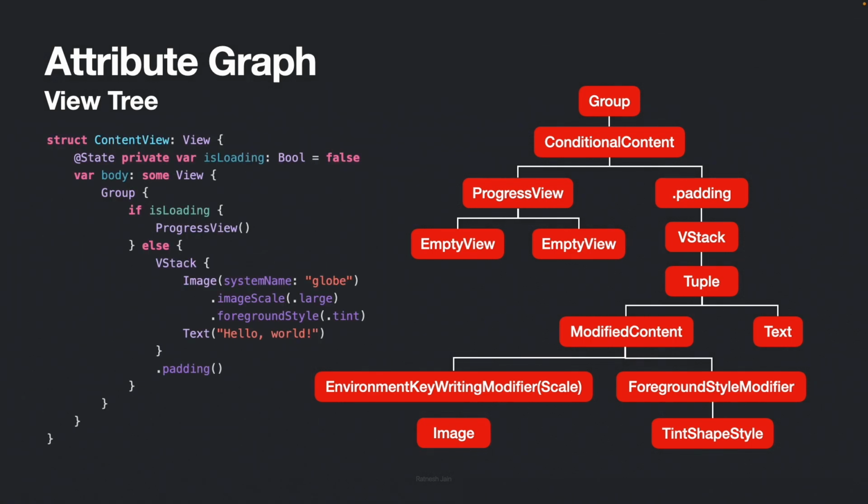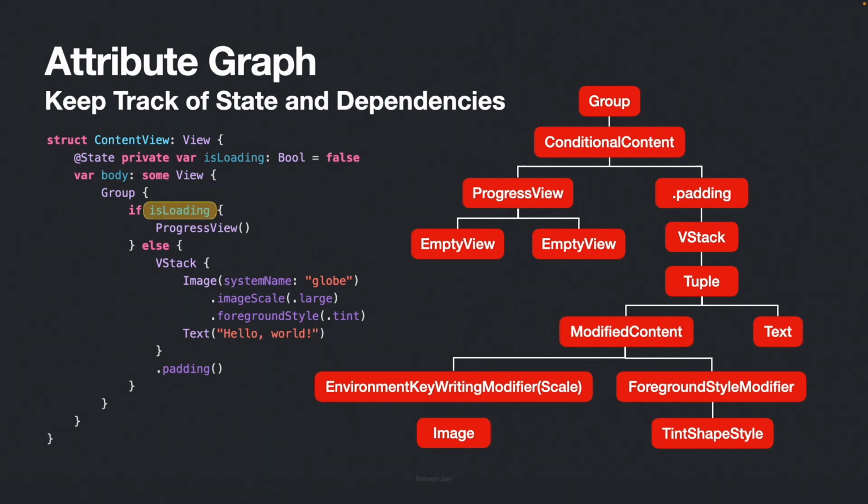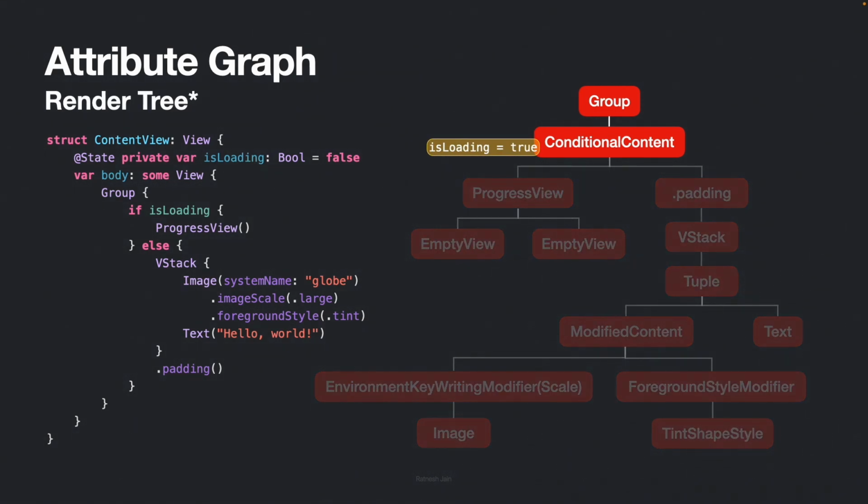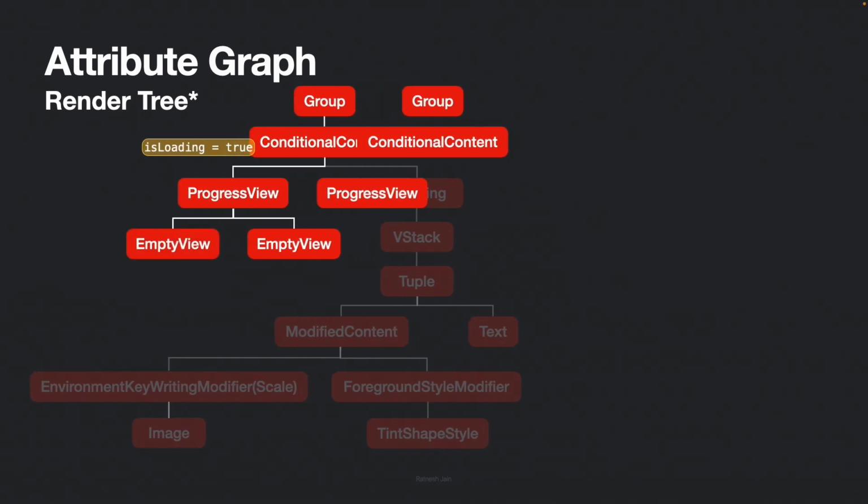So let's go back to the code and see that we have this state property isLoading and we are using it inside the body. So it will register that property to the conditional content, and whenever that property changes, it invalidates the view tree behind this conditional content, and it will re-render the body, recall the body. It will scan it, read it, then recreate the view tree, and the render tree will be created like this.